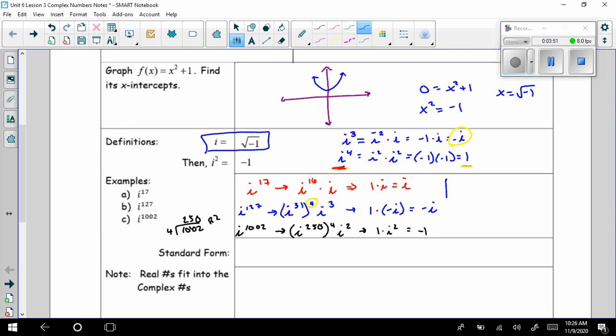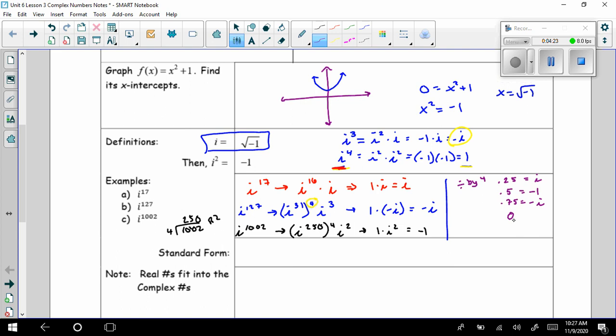Another way to do this, and probably just a faster way to do this, is to divide the exponent by 4. If you get a 0.25 at the end, then your answer is just going to be i, because it's like having 1 i out of 4 left over. If you get a 0.5, your answer will be negative 1. If you get a 0.75, your answer will be negative i.